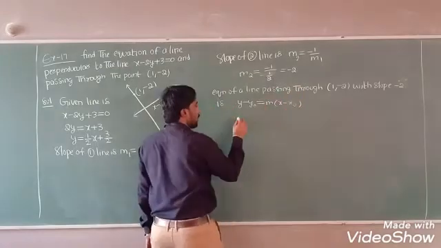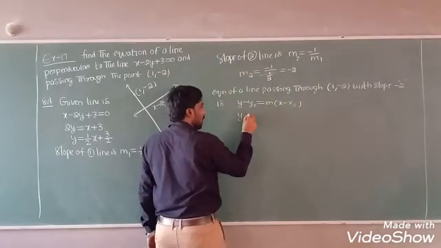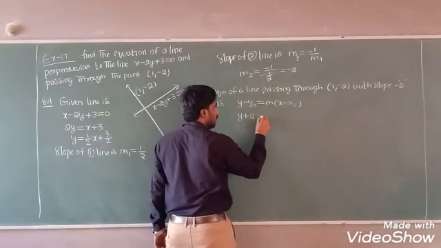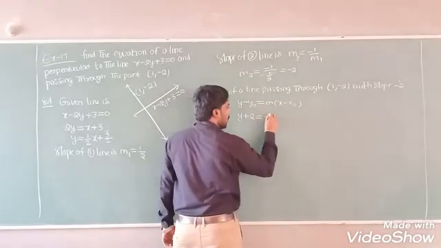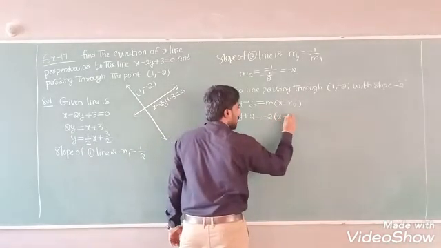Okay, what is y naught here? Minus 2. So what I will get here? y plus 2, which is equal to, what is the value? Minus 2 into x minus 1.